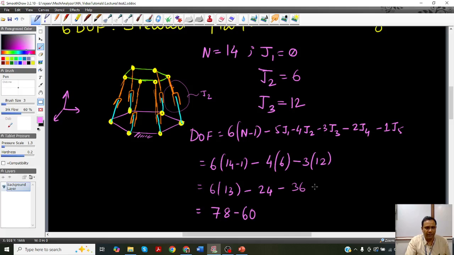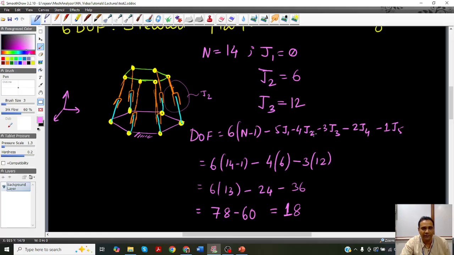Okay, I think somewhere I made a mistake. Let's see, what is the degree of freedom we'll get? We'll get 18. So where are those motions? I should get 6 actually. 6 plus 6, 12 I should get. Somewhere I made a mistake. Where is it? 3, 12, 4 into J2s.